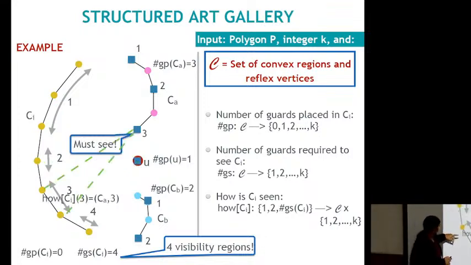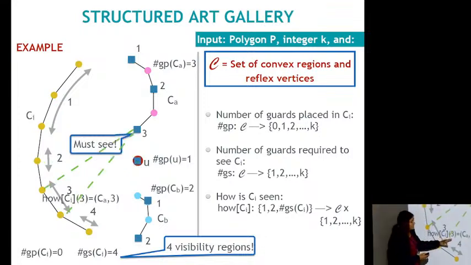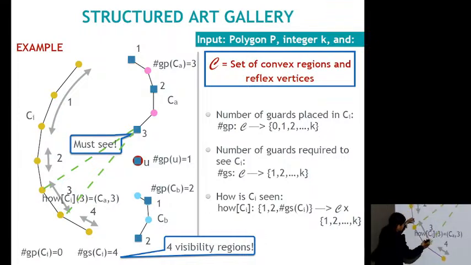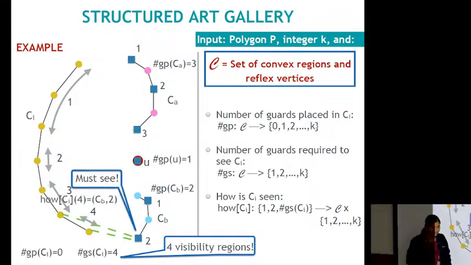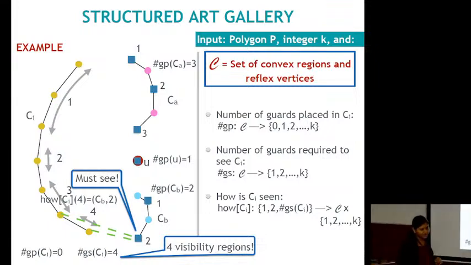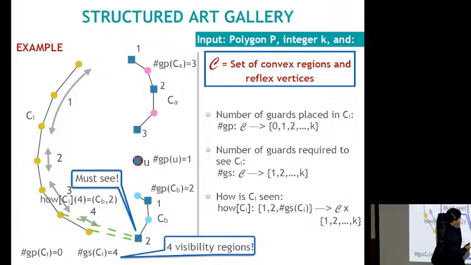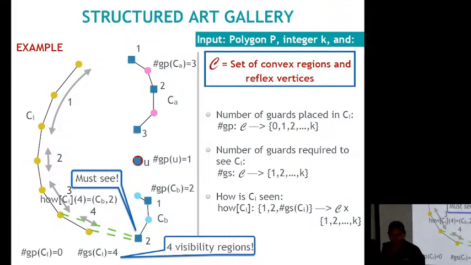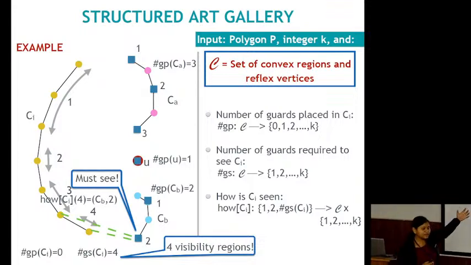And if how(Ci,3), the third guard responsible to see this convex region, is some (CA, 3), then the third guard placed in CA will be responsible to guard the next piece, till we reach the end, in which case the last guard also must see the last vertex. So these are the functions that we will additionally have, which tell us the structure about the solution, how the polygon is guarded.